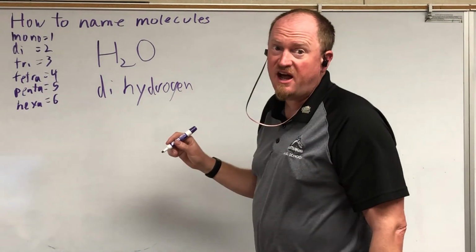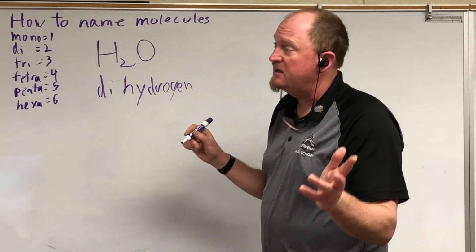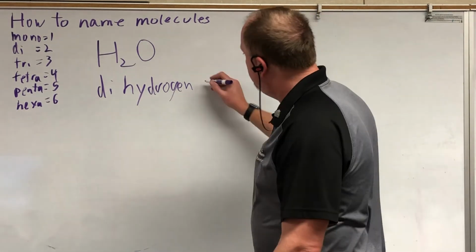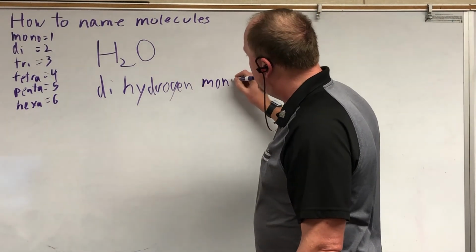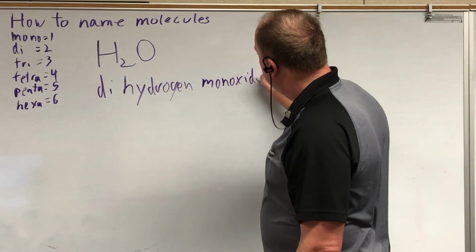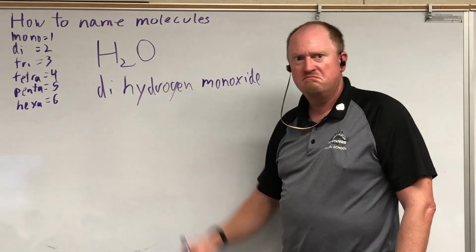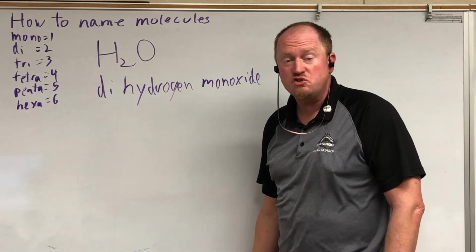Now, by the way, if you said dihydrogen oxide, that's fine. Unless you say otherwise, people usually assume it's 1. But people like to say dihydrogen monoxide. It makes it sound much more dangerous. Dihydrogen monoxide. It's water. That's all it is. It's just water.